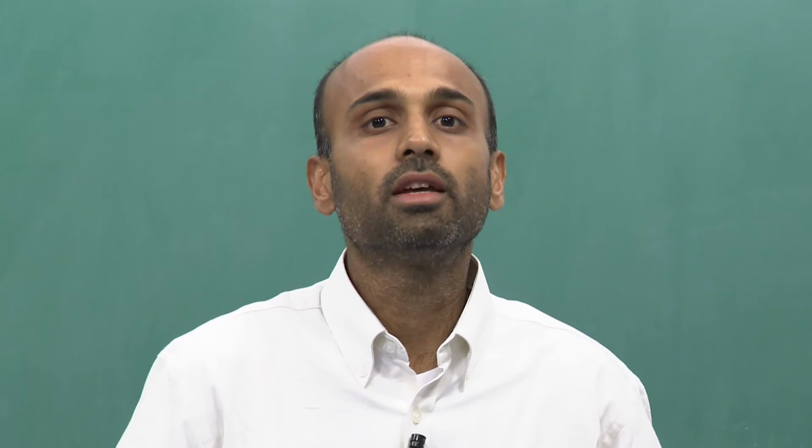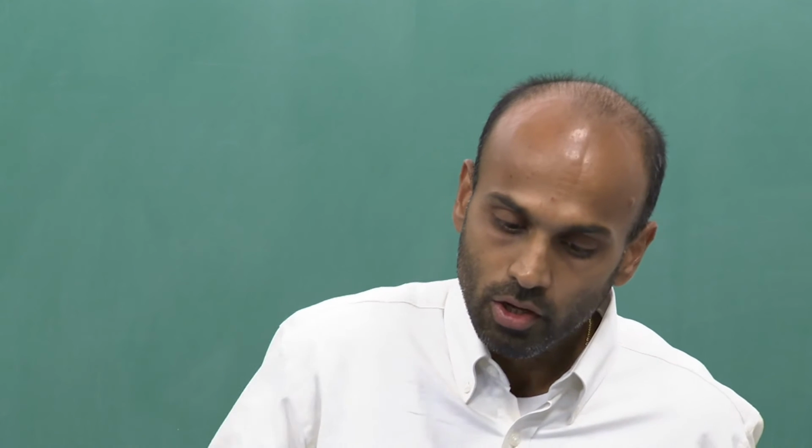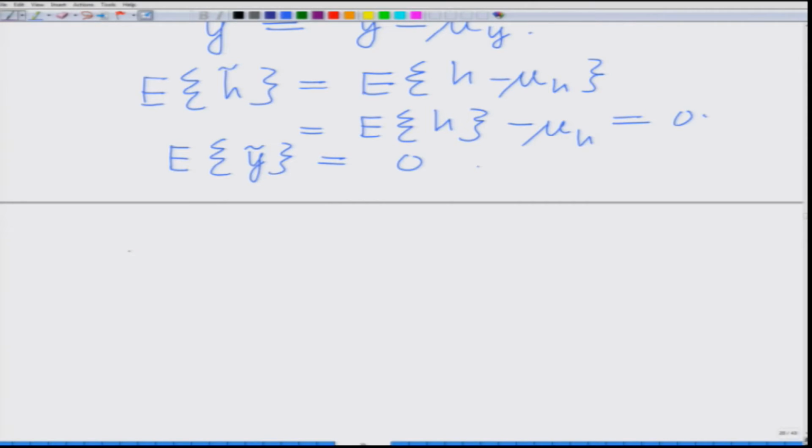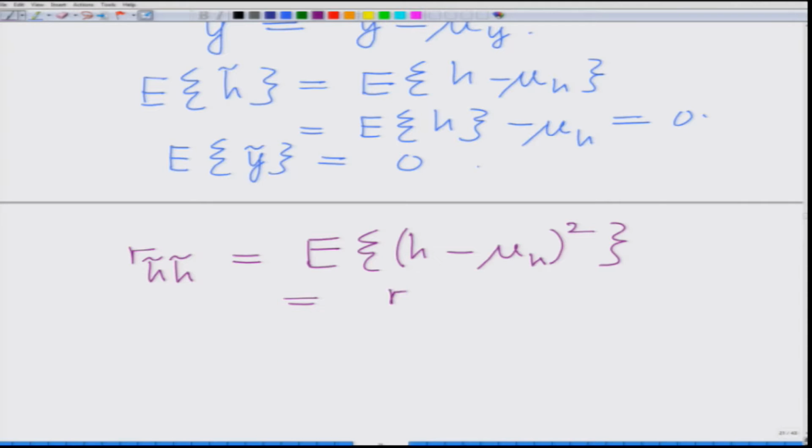Now, I know the estimate of h tilde given y tilde. I am going to form that first, and from that derive the estimate of h given y, and that is very simple. So, now I need r of h tilde, which is expected value of h minus mu h whole square, which is nothing but the variance of the parameter h.